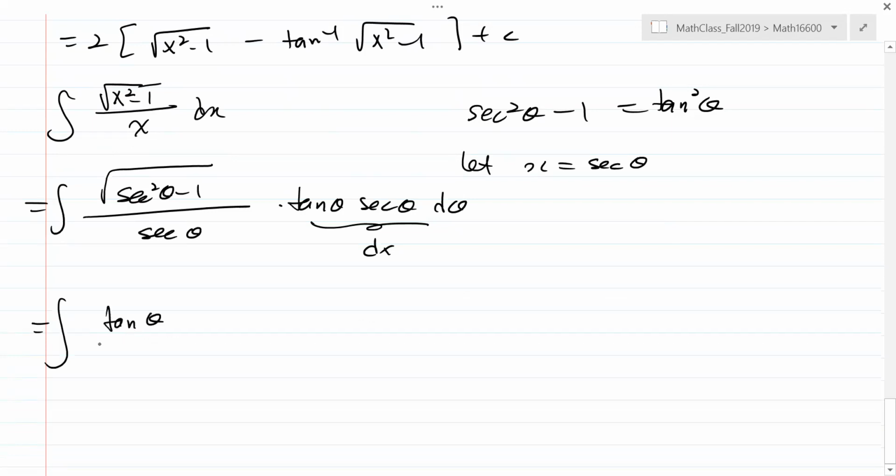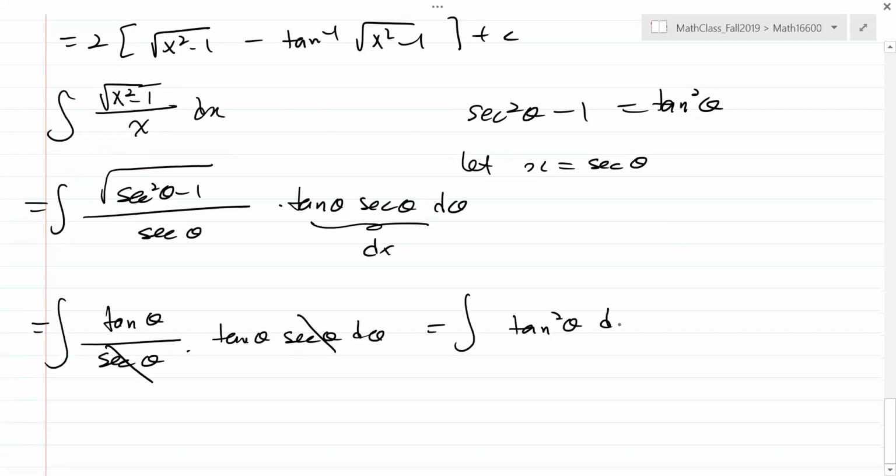The denominator, secant theta, and here is tangent theta secant theta d theta. So secant theta is canceled out. I end up with the integral of tangent squared theta. Okay, it's not too bad.